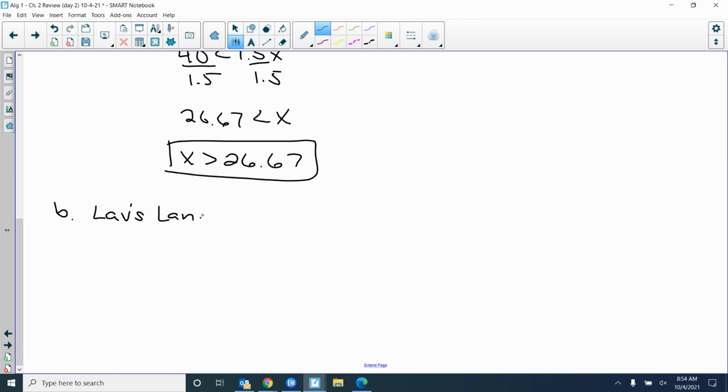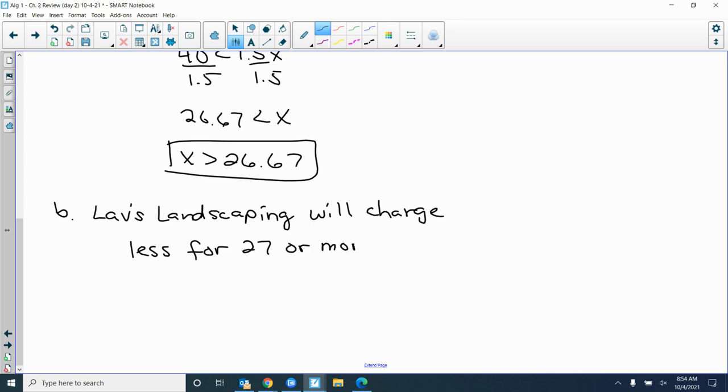Labs Landscaping will charge less for 27 or more. You just can't say 27. 27 or more labor hours. Okay?